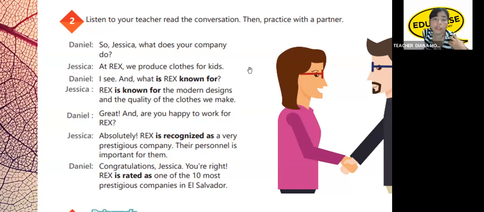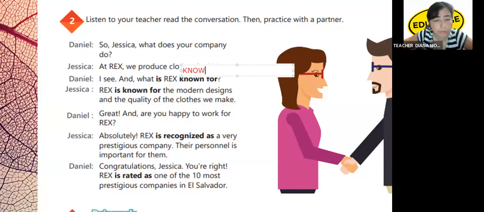Or I know your best friend. We were classmates. Okay, I know the answer. Okay, that is the verb. You know the verb. The difference is because the verb is know. But the difference is that here it is not in present, it's in past participle.